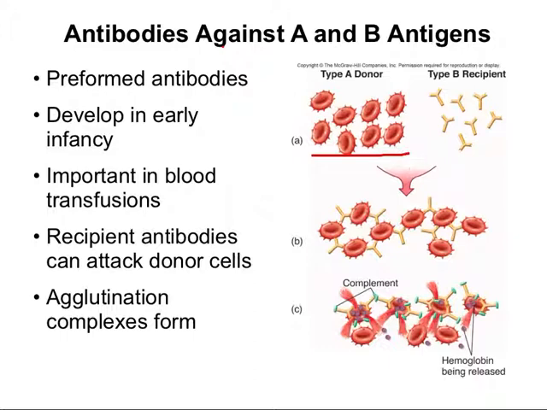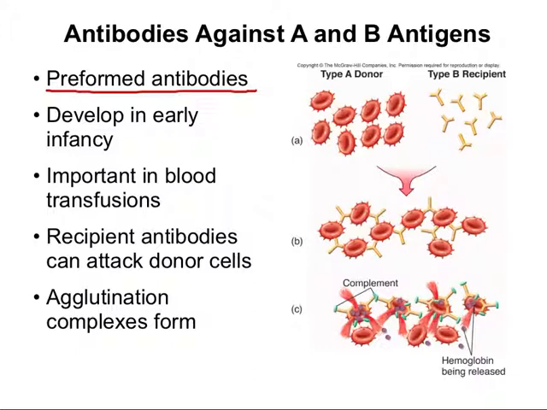Thus we call them preformed antibodies, because they're formed early in infancy, and it's thought that they're formed due to exposure to similar antigens that are widely distributed in nature. These antigens are things like surface molecules on bacteria and plant cells that mimic the AB antigens.